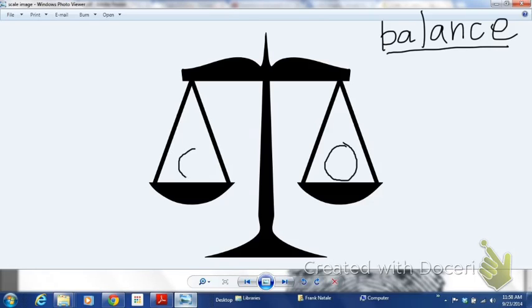you could have exactly the same thing on this side, in terms of its mass or its weight, and it would maintain balance, okay?